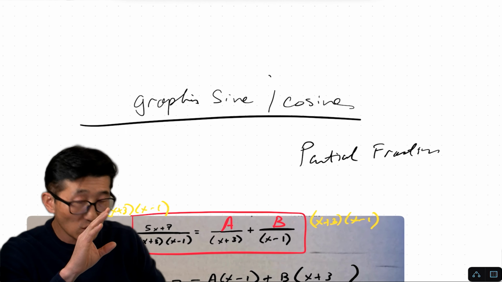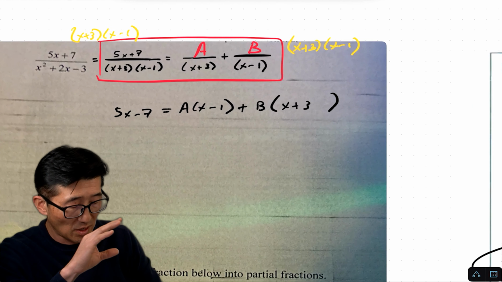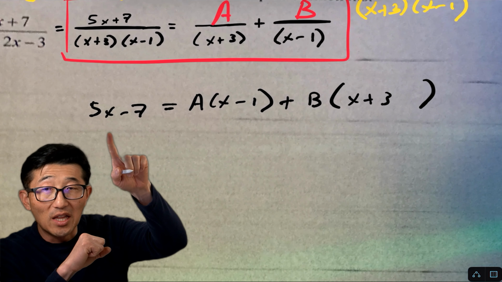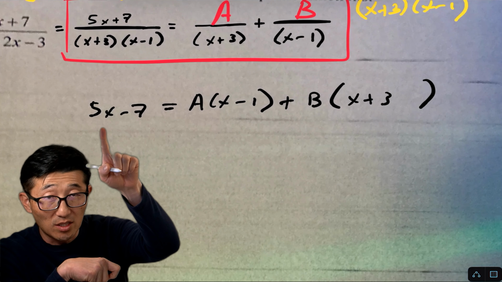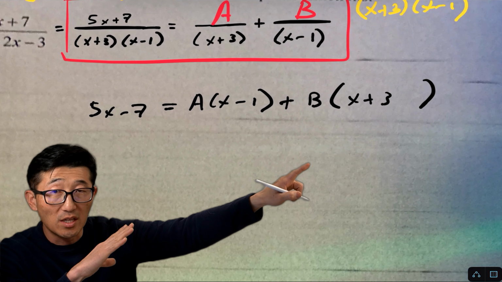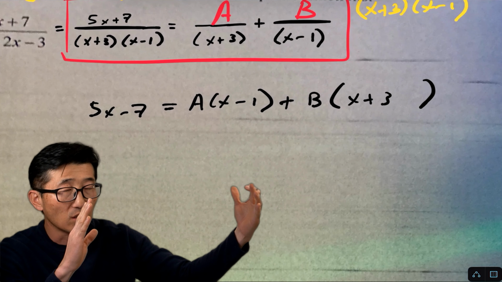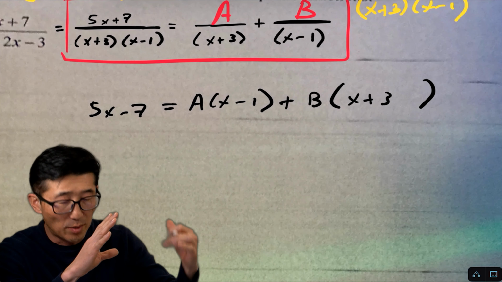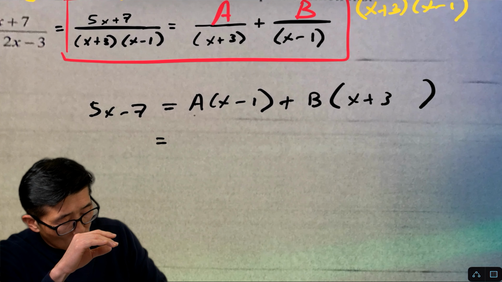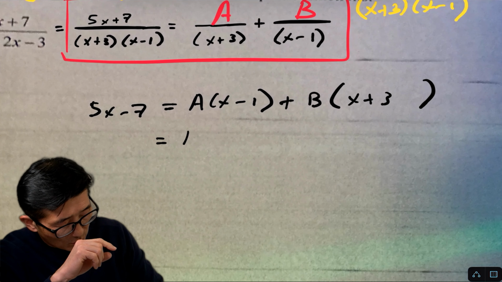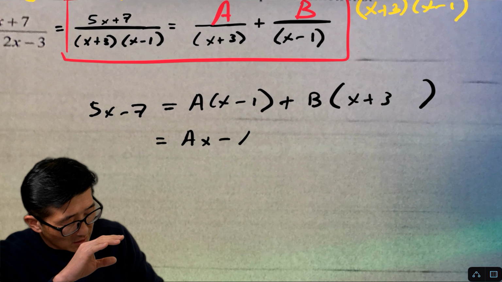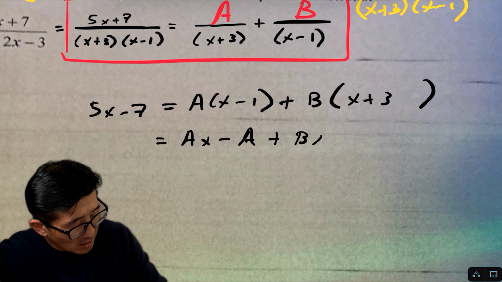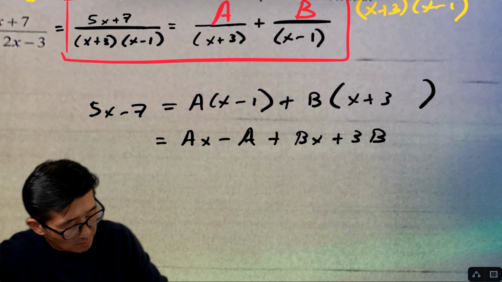So, this is what's going to happen over here. So you see this? On the left side, it's a number attached to x. So what I want to do on the right side is gather all the numbers that are attached to x and combine them. So how do you do that? Well, distribute the a out. It'll be ax minus a plus bx plus 3b, right?